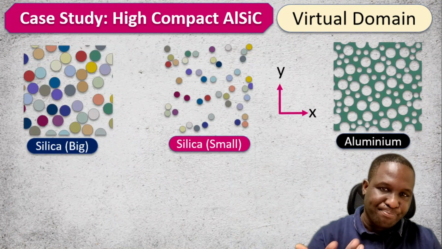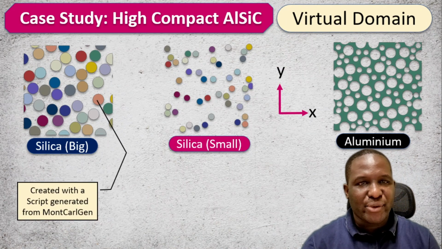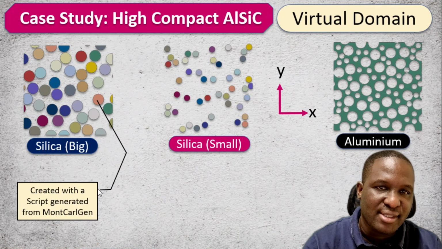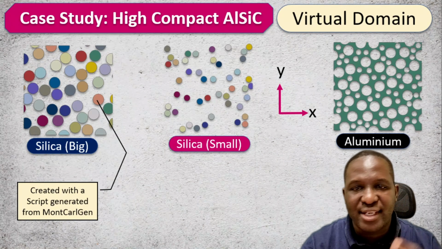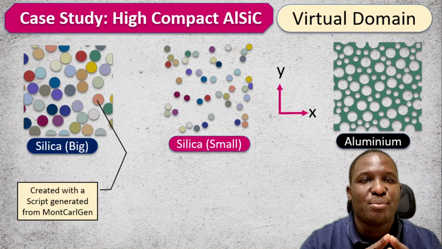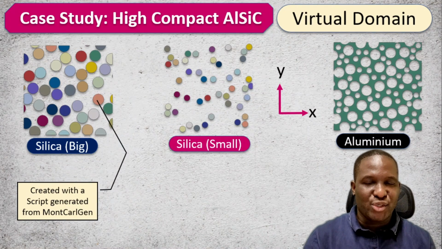All right, so the other thing that we need to think about is how we are going to create this. I'm going to use montcarlgen, which is software that I developed for creating random inclusions within a predetermined RVE domain. The inclusion usually is for one size of inclusions.